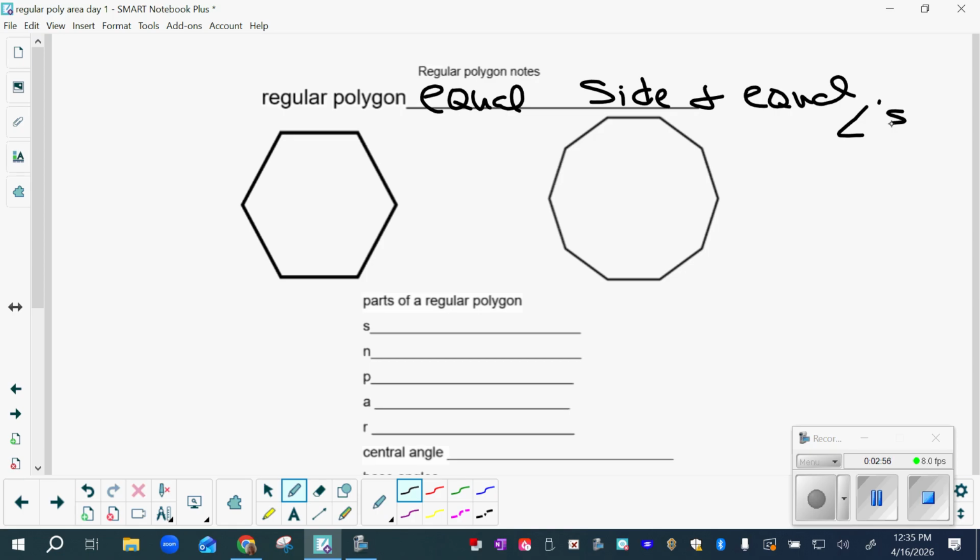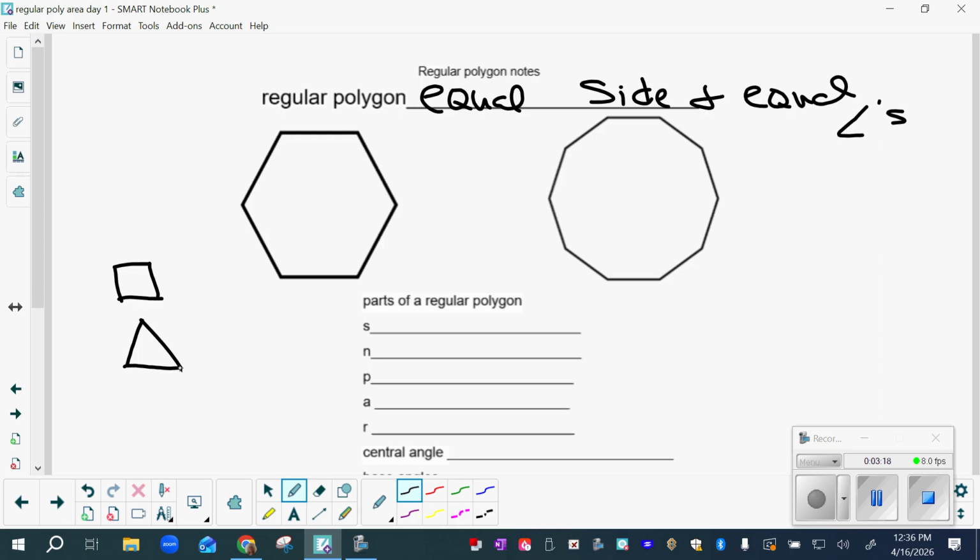He's not weird looking. He's not squished. He's not like a parallelogram where he's all like we're knocking him over. He's not like a weird trapezoid. He's beautiful. He's like a square. He's like a perfect little equilateral triangle. He's so fulfilling.